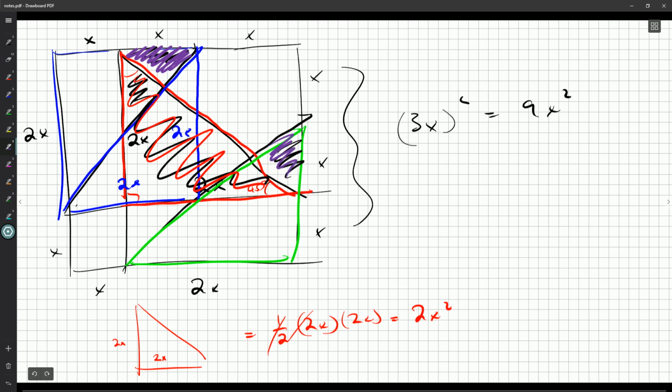Now, chasing angles around, you can see this angle here is going to be 45, this angle here is going to be 45, this angle here is 45, and this will be 45. So we get some right angle isosceles triangles as well. Only this time the x is on the hypotenuse, so I can't really use it in my 1/2 base times height calculations.